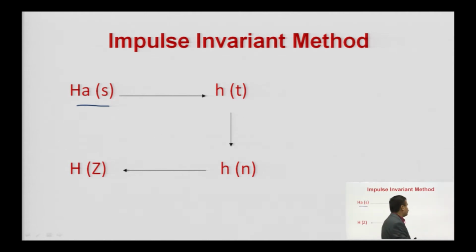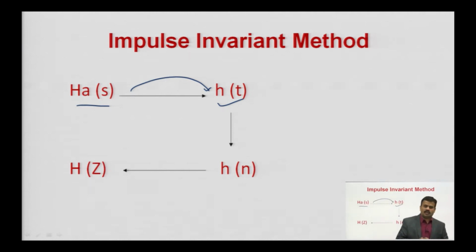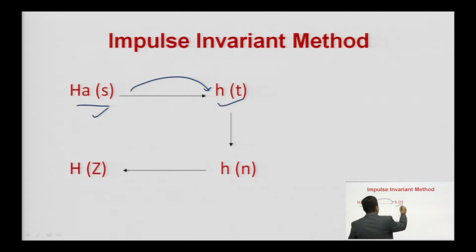In the first step you have to convert this H(s) into its h(t), which is the impulse response of your analog filter. So, at first you convert your H(s), the transfer function of the analog filter, into its simple impulse response of analog filter, h(t).